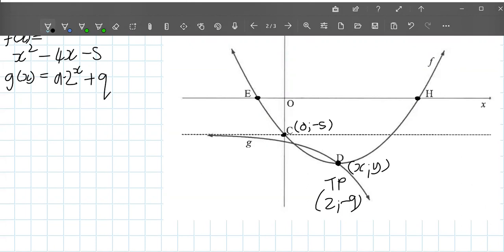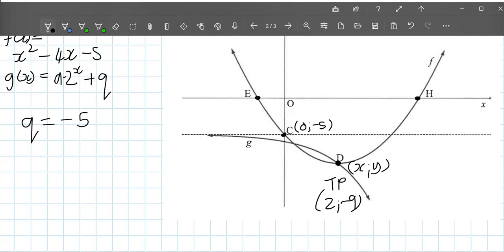So if you look at G here, the asymptote is actually the line that goes through point C. That information was also given: C lies on the asymptote of G. So q is just by inspection going to be minus 5.